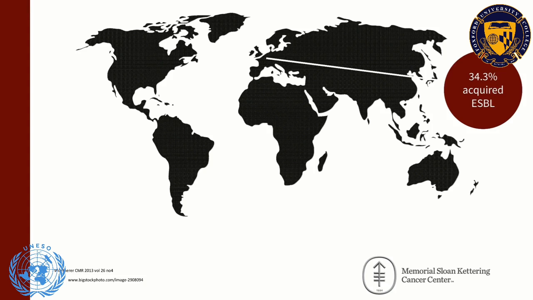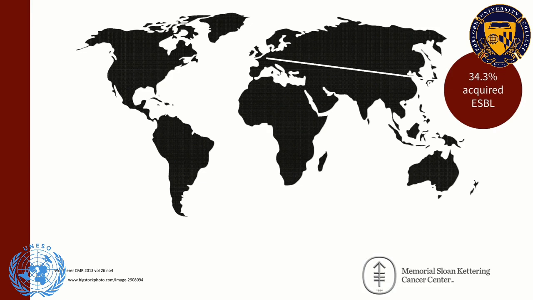Although data acquisition and community surveillance differ markedly across the world, Southeast Asia, the Western Pacific, and Eastern Mediterranean have all been identified as areas with a high prevalence of ESBL community carriage. Data from the African continent is limited and may not reflect the true burden of ESBL within this geographic region.